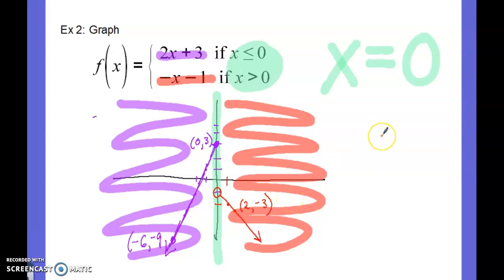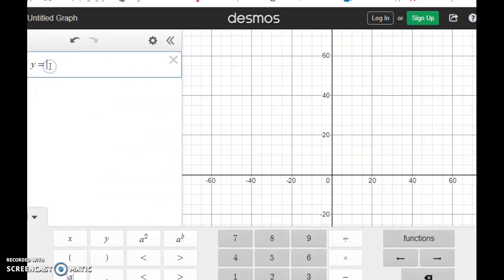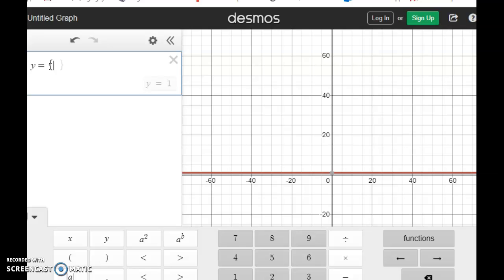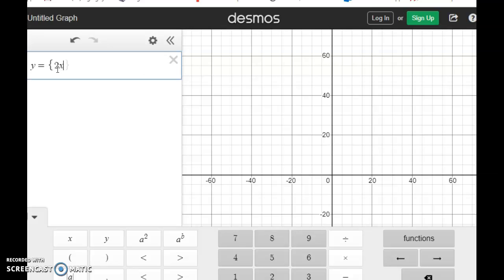And you already guessed it, Desmos will do this for you. Now, one problem though is the way you write it in is really tricky. You have to write in this brace, which I had to shift, hit the bracket key on my keyboard, and then type it in the way it looks. 2x plus 3. I think what I'm supposed to do though is put my bounds in before it, less than or equal to 0.